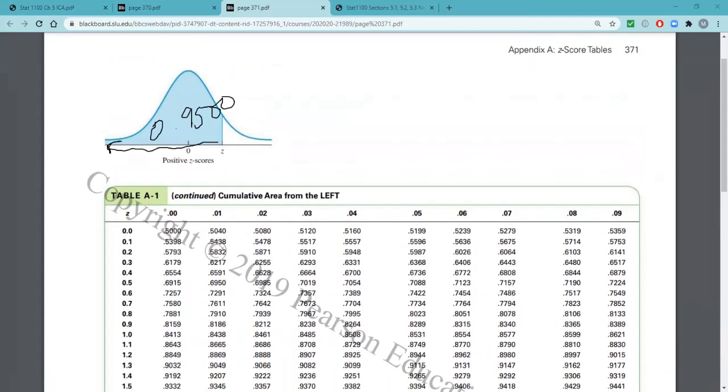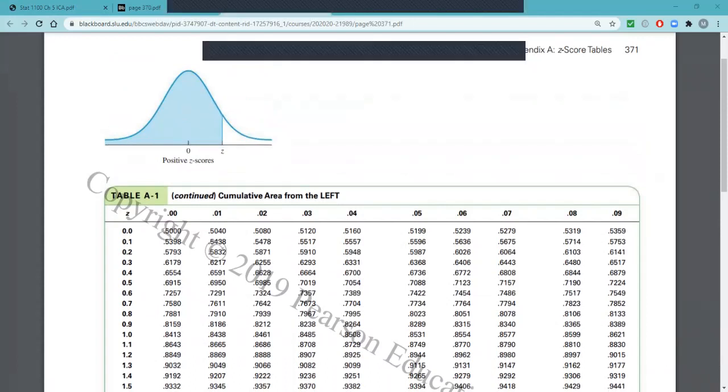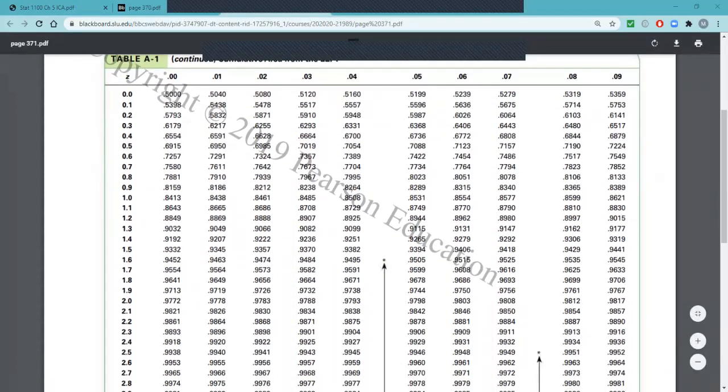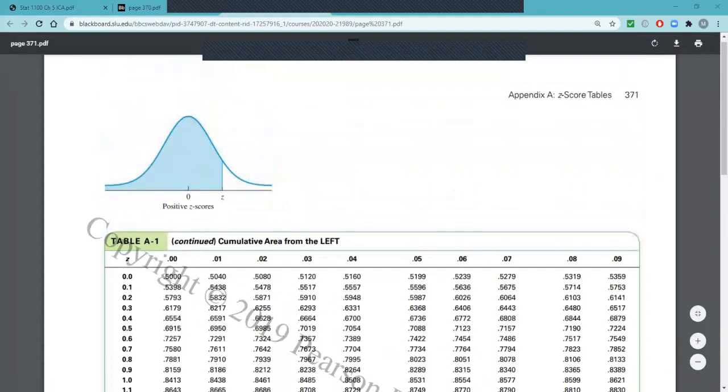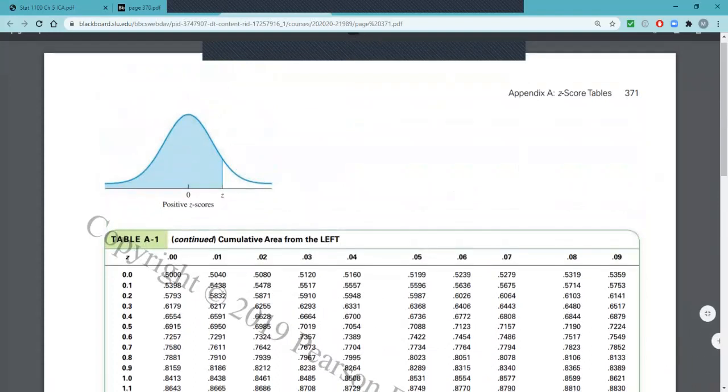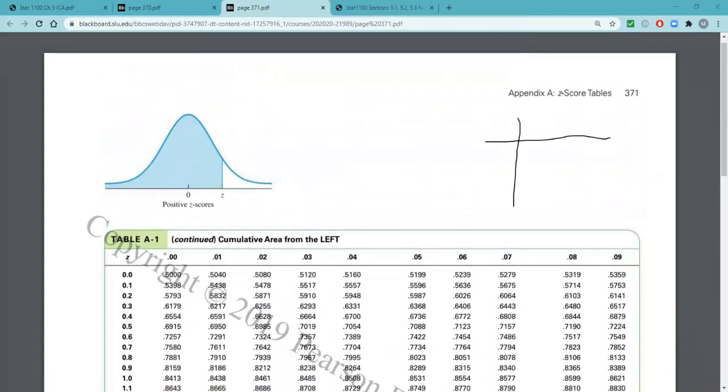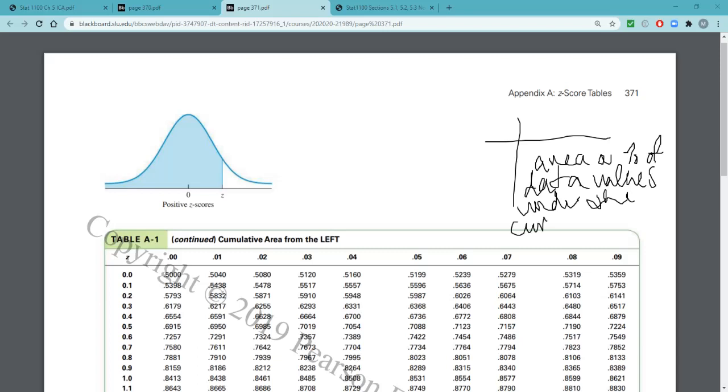So what I'm going to do is look in this table and find the value that's closest to that, because remember the inside of our table represents area or percent of data values under the curve with a respective z-score.